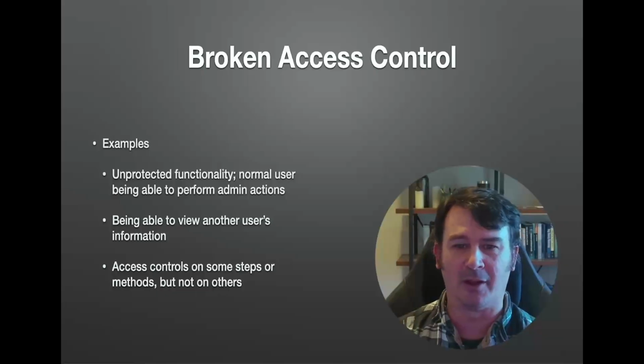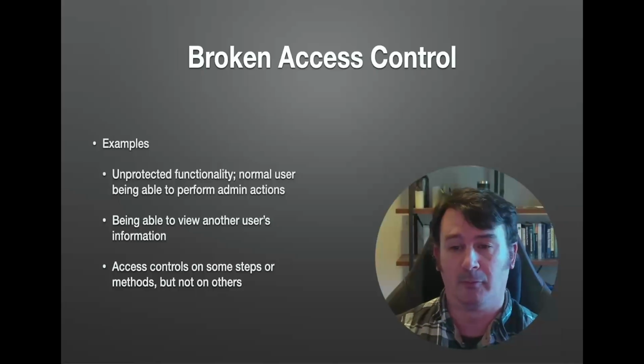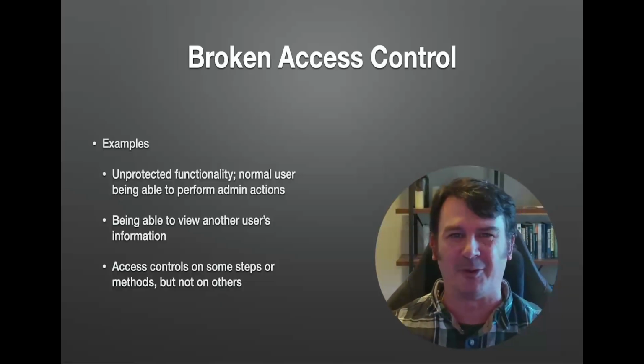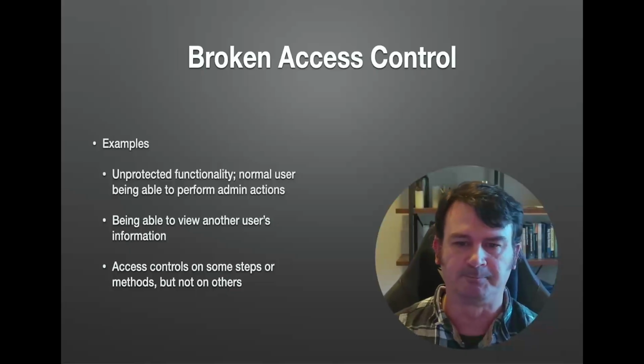Being able to view another user's information could be things like their PII, API keys, or anything else stored in the application that you as yourself are not supposed to be able to see. There's always that big caveat: you're not supposed to be able to do it.